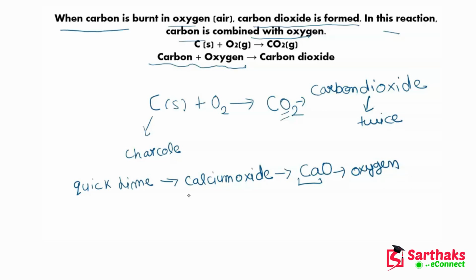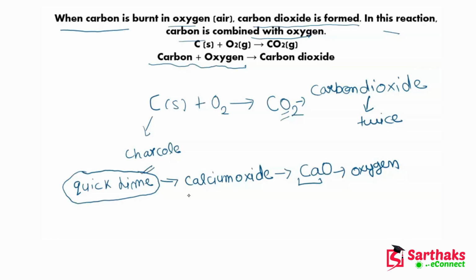Now guys, you have to remember the famous name of this compound. This is called quicklime, because when we solve questions, they will not give us the chemical formula, or they will not say calcium oxide. They will call this calcium oxide quicklime.